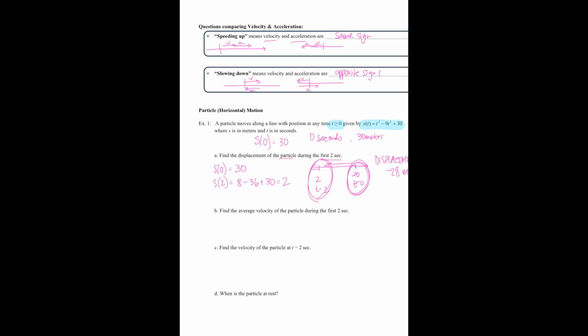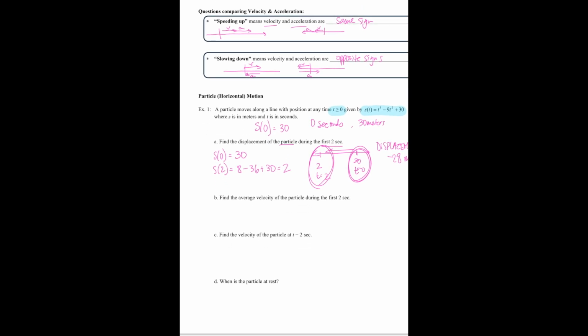Okay, so now the average velocity of the particle, okay, and again, velocity is a change of distance over time, right? So we just said in the first 2 seconds that this bug went negative 28 meters, and we're talking about 2 seconds, which reduces to negative 14 meters per second.